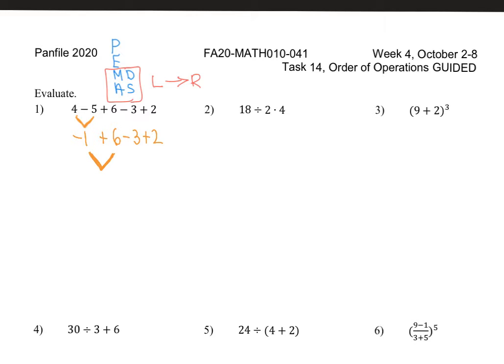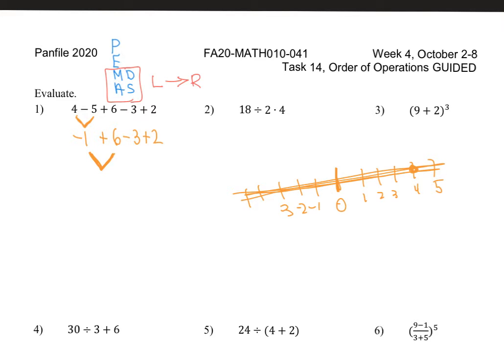Now if I have -1 plus 6, if you need to, think about where you are on a number line and how many hops you take. So if this is 0, sorry, that was really crooked. Okay, -1, 1, 2, 3, 4, 5, -2, -3. All right, so I was at 4.